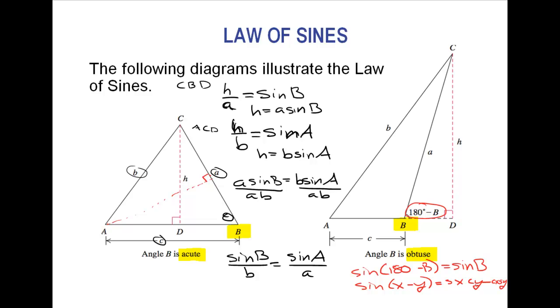Remember the sum and difference formulas? And then because x is 180, we get sine of 180, which is 0. Cosine of 180 is -1. And so we end up getting 0 minus -1 times sine of y, and in this case that's just sine of b, right? The negatives cancel, and that's how we get sine of b. So similar argument on the right hand side with that little substitution, and then we were able to show that sine of b over b is sine of a over a, and there you have the law of sines.